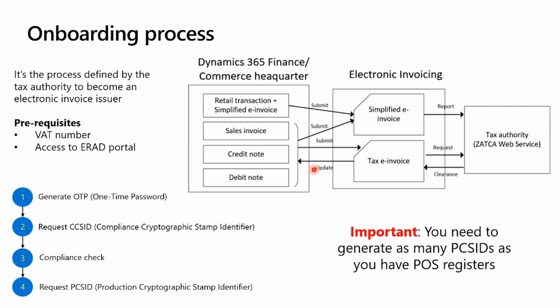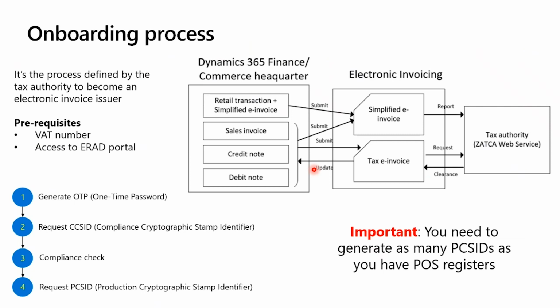First they obtain this so-called compliance CSID, which is a temporary certificate used for the compliance check. The compliance check is basically the verification from the authority side of a test electronic invoice sent by the issuer, so that the portal or authorities verify that your system that is trying to connect to this electronic invoicing portal can issue compliant electronic invoices, right?